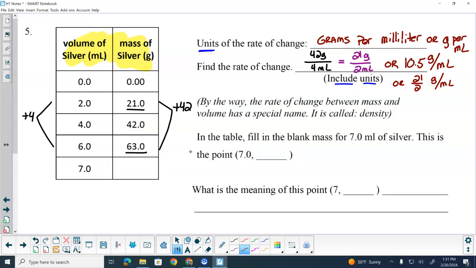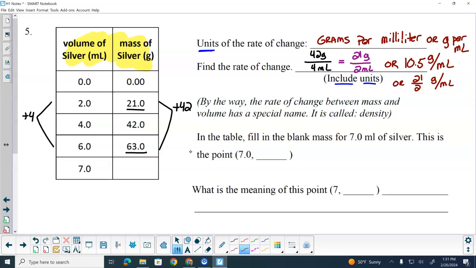So if we add another milliliter, what happens? What goes up? So what's another way of saying that, other than what we have here?